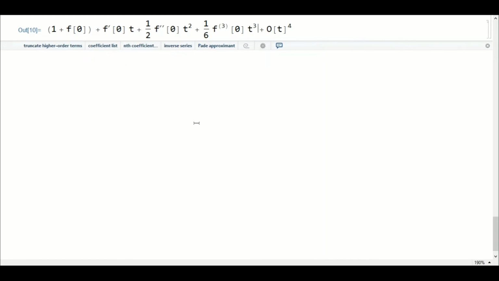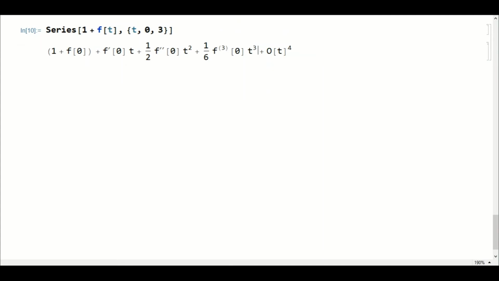Now, last but not the least, I want to discuss in this lecture lastly about limits. Limits are a very important part of calculus. So how to do limits in Mathematica? The inbuilt function is pretty straightforward: Limit. Suppose that I want to find the limit as x tends to 0 of sine x by x.